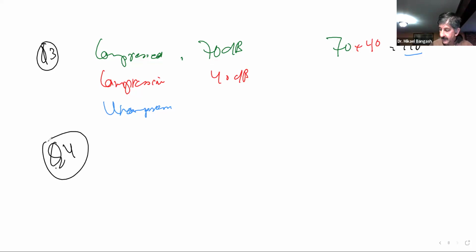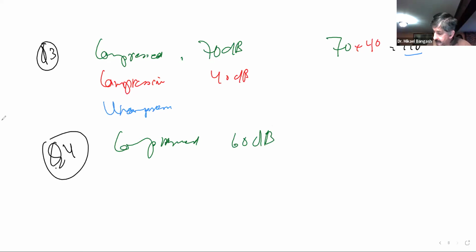The signal within the system's receiver has a dynamic range of 60 decibels after compression. So when we say after compression, that is the compressed signal, so it's 60 decibels.